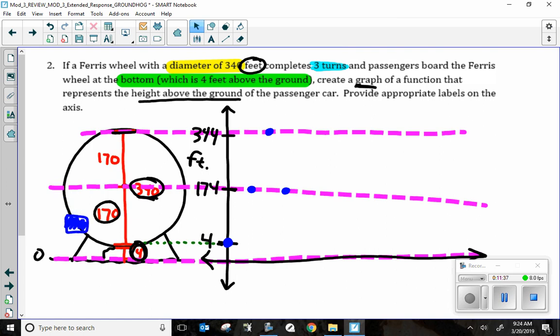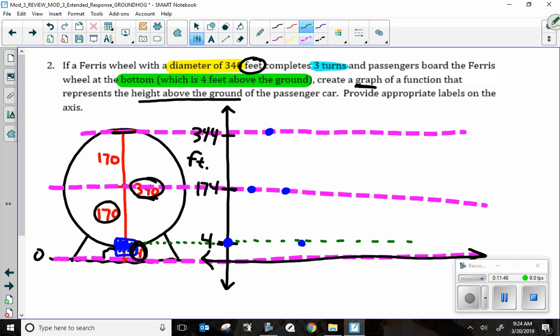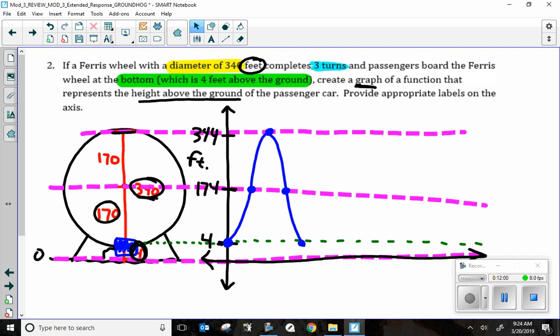Then I come right back where I started, right down here. Now keep in mind 4 is where we're starting. That does not scream cosine. That is an upside down cosine graph, right? It's a negative cosine. Bam, right there.